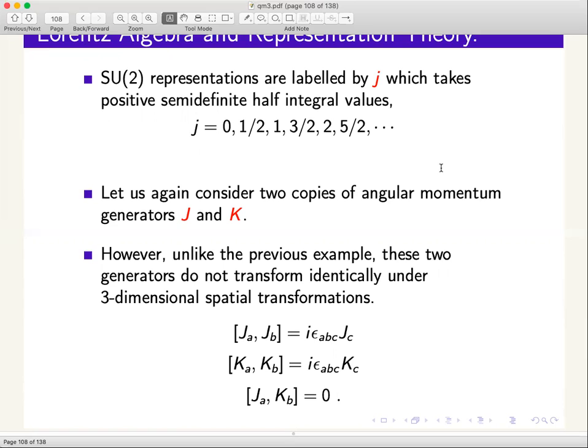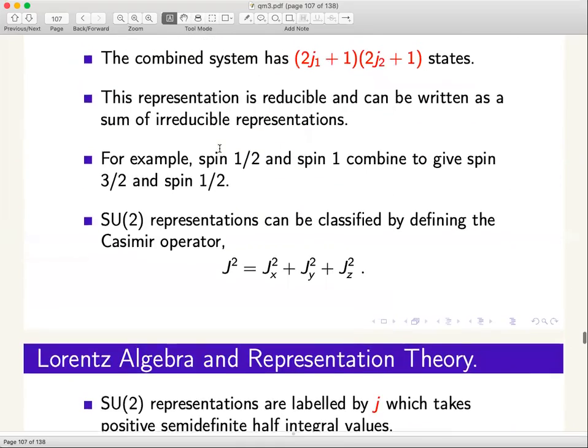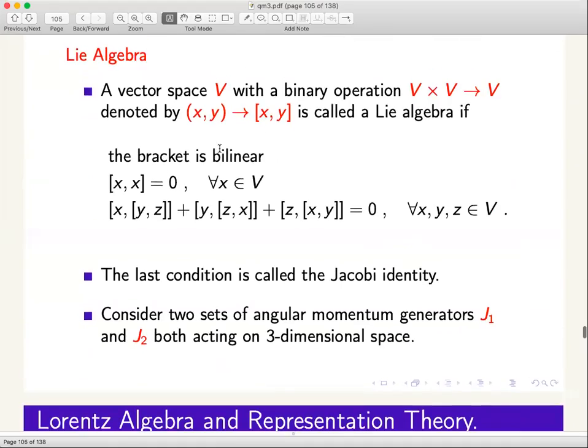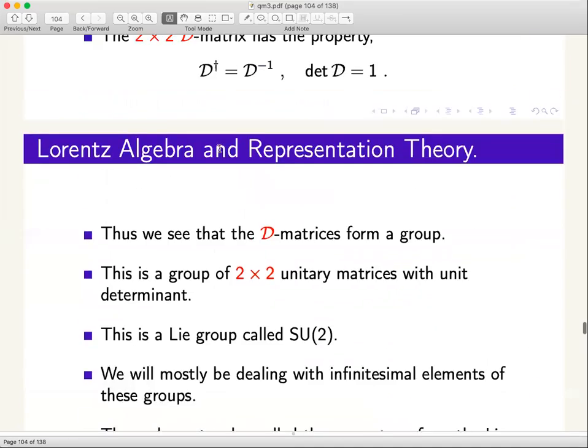So why are you calling it SU2? Because we showed that the representations can be written in terms of Pauli matrices, right?